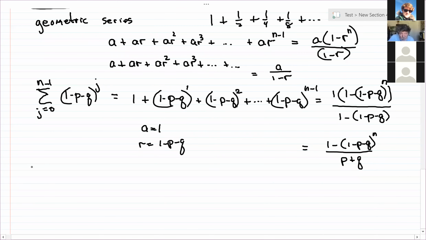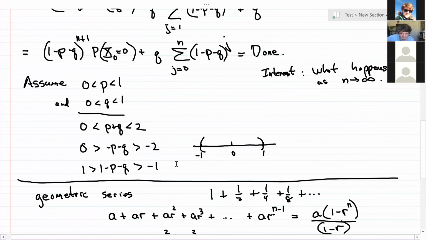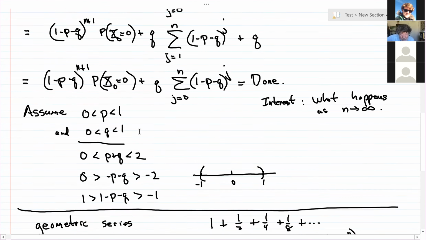So the probability that on day n you're still broken was equal to (1 minus p minus q) to the, and what was it? Was it n or n minus 1? I'm confused, so I'll have to go back and look. I think it was n, because n was 1 less than this.